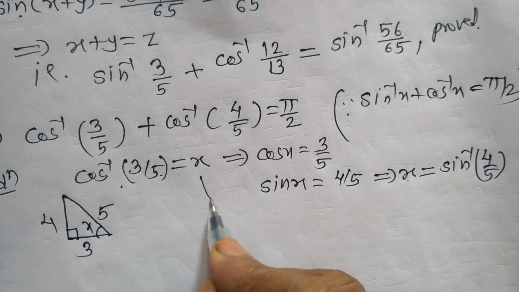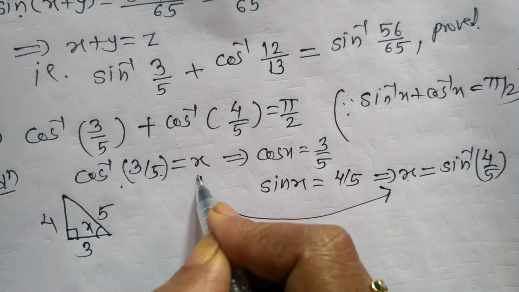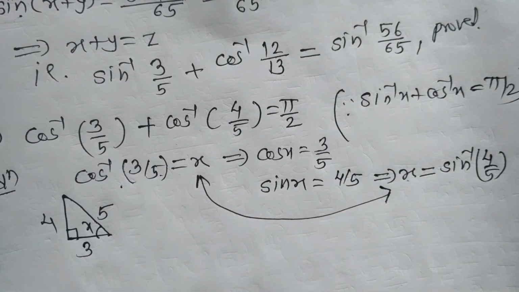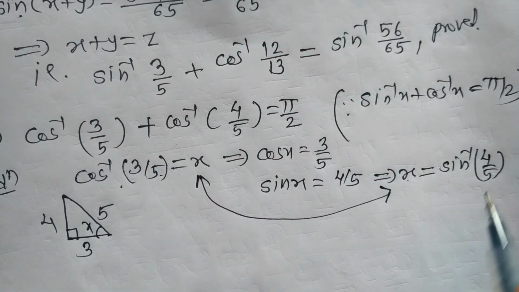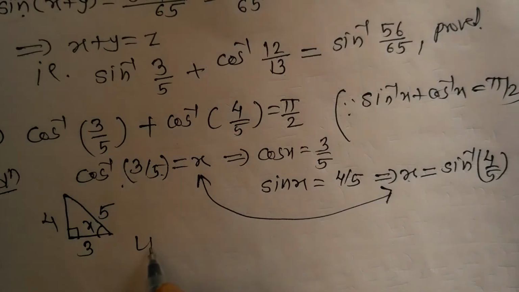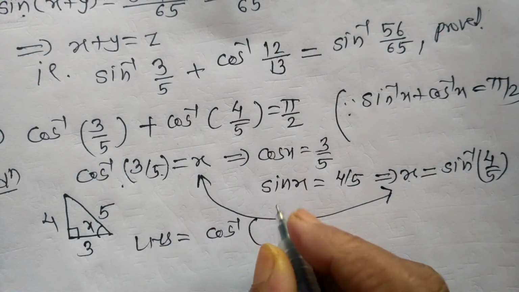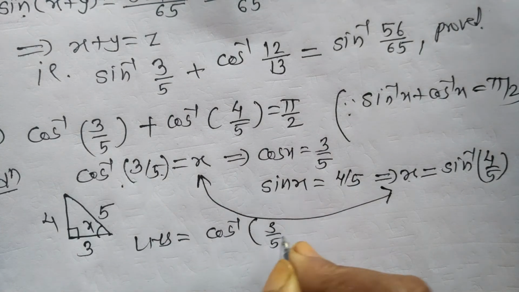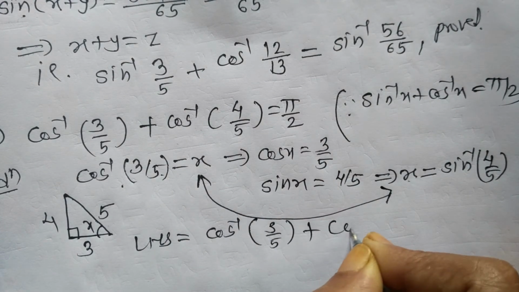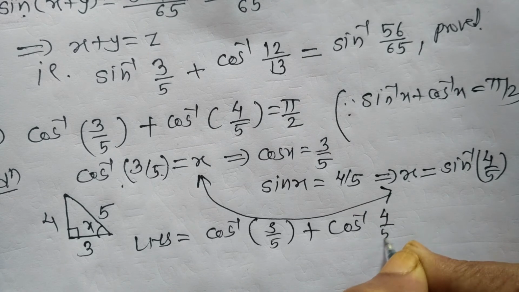So you can compare this x with this x. This x is equal to cos inverse 3 by 5, and this x is equal to sin inverse 4 by 5. So we consider the LHS. LHS is cos inverse 3 by 5 plus cos inverse 4 by 5.